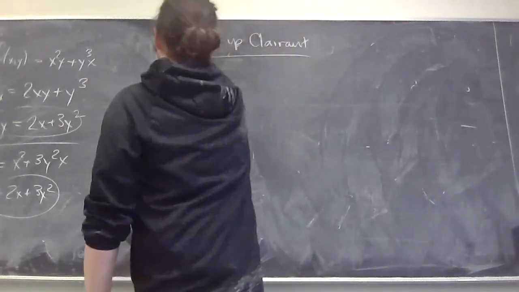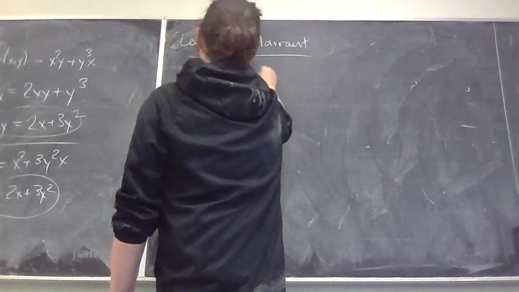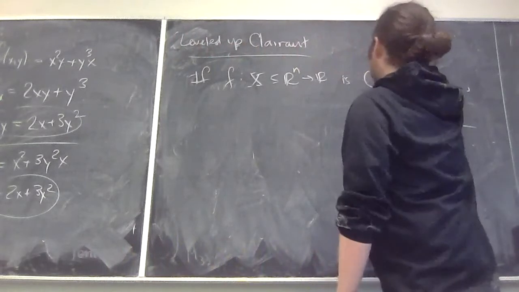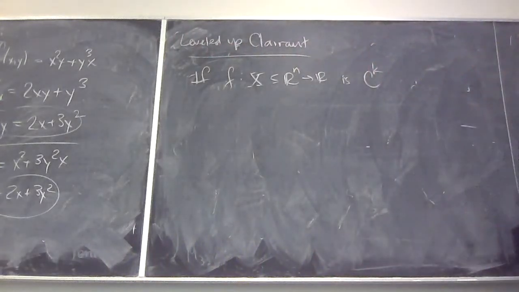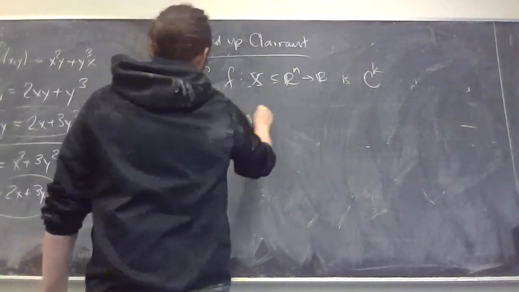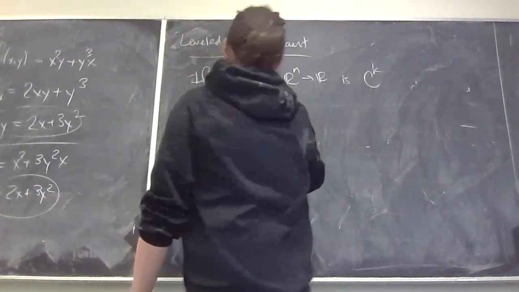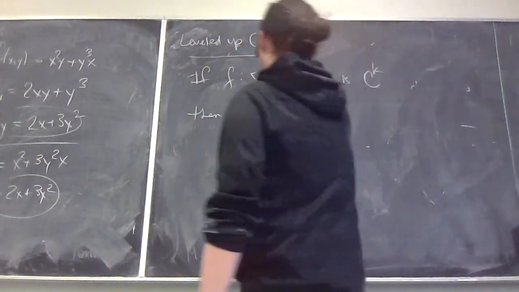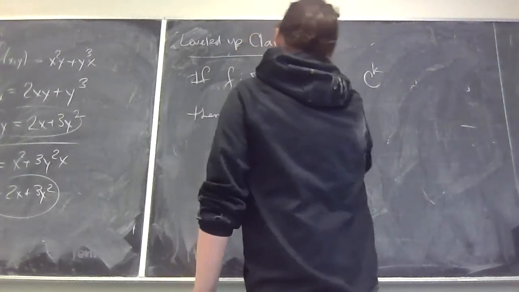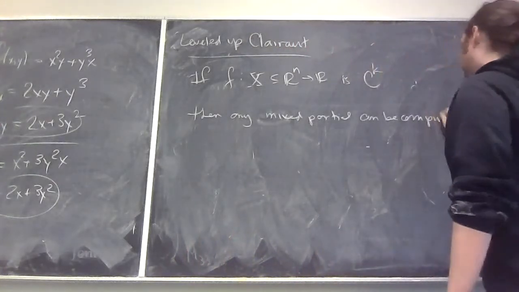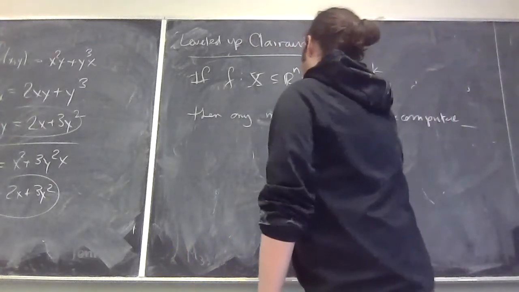It says: if f on a domain X in R^n into R is C^k, so that means the partial derivatives up to order k exist and are continuous, then any mixed partial consisting of the same derivatives can be computed in any order.